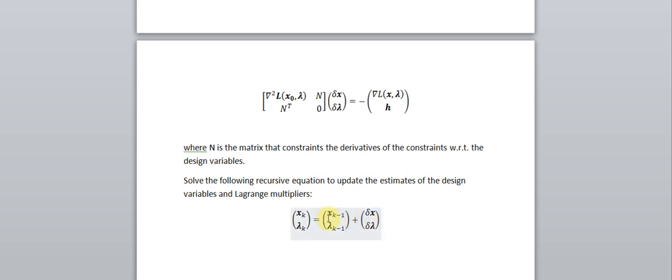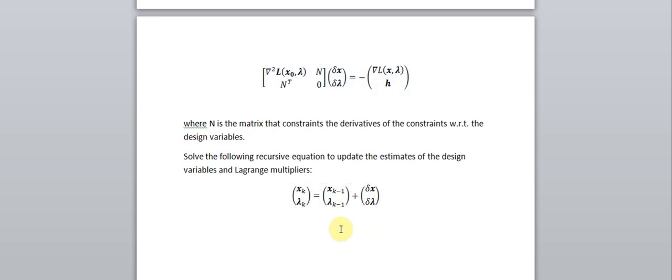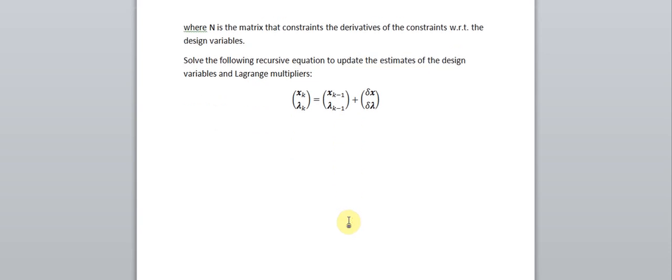We simply add to the previous estimate of the design variables and the Lagrange multipliers the increments that were obtained by solving the above linear equation. And we continue this process until we have obtained convergence.